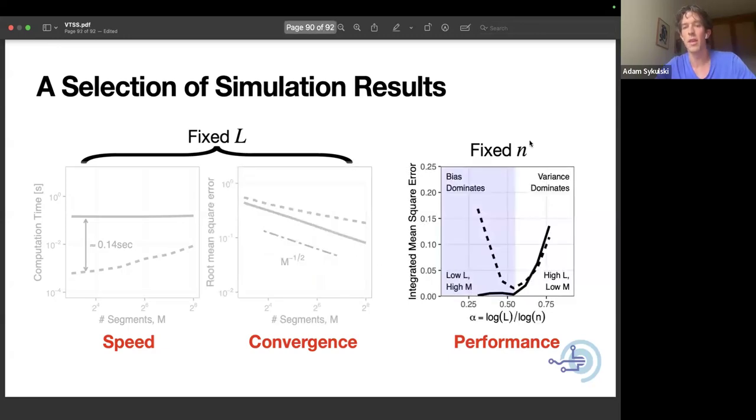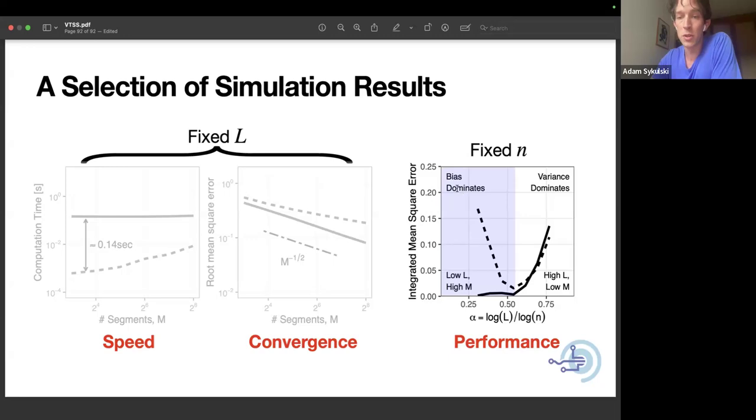And this is an interesting plot. If we fix N and look at the trade-off between L and M, so this is the number of segments M and the length L, then Welch's method in the dashed line has this classical U-shaped relationship where variance dominates with high L and low M, and bias dominates as we make our block lengths low and our number of blocks high. And there's this classical bias-variance trade-off that we need to optimize.